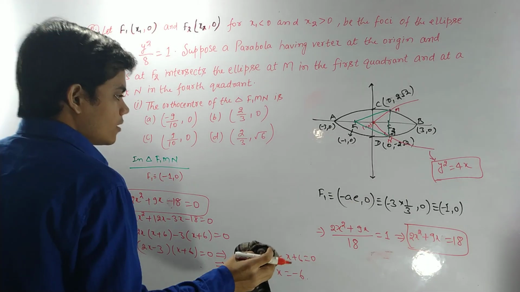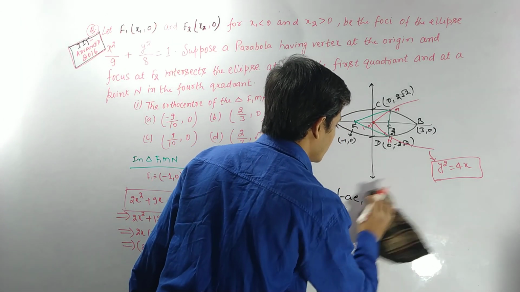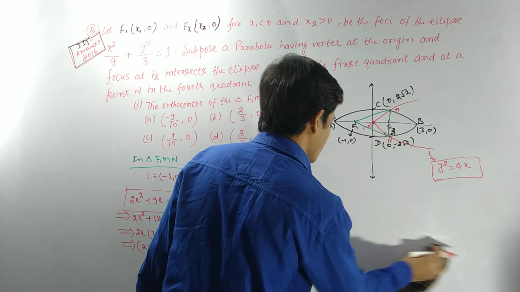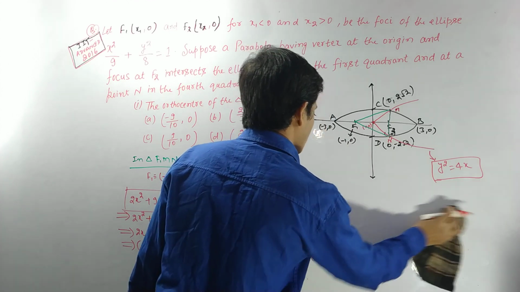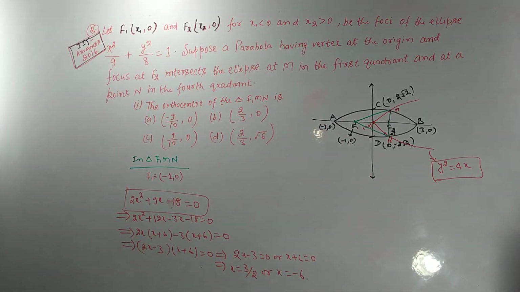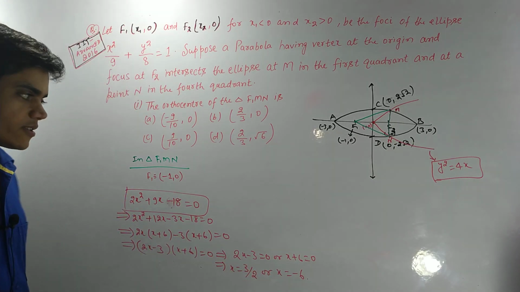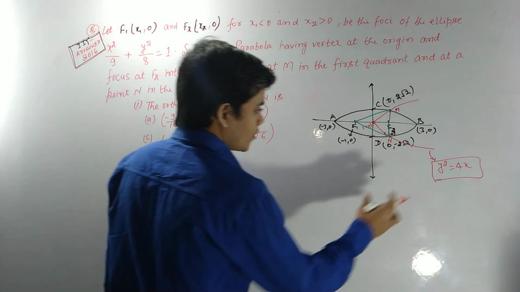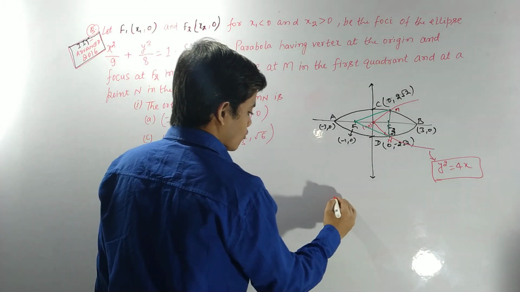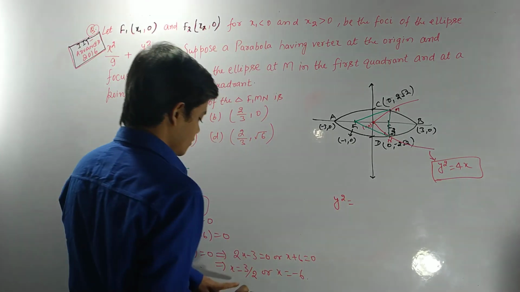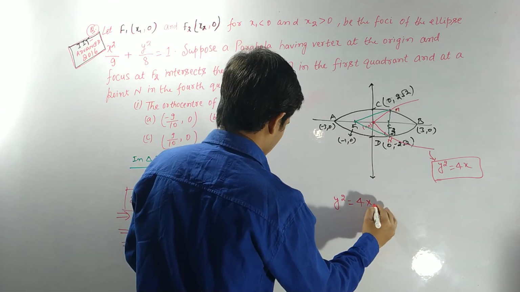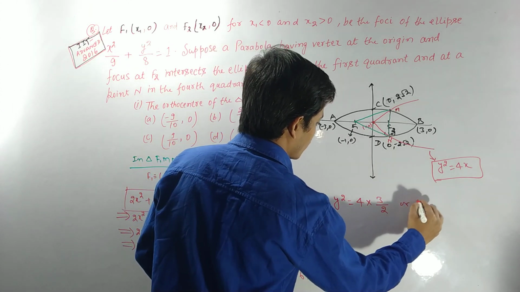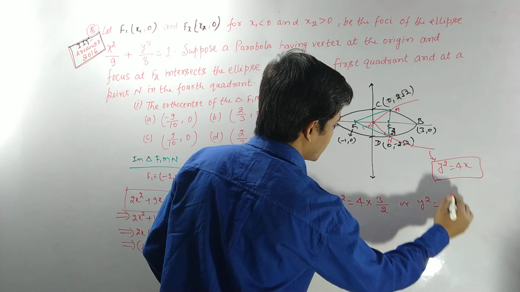Okay, so now what do you think? Now we have to find the y coordinate, since these are the x coordinates. So y square is equal to 4 into 3 by 2, or y square is equal to 4 into minus 6.